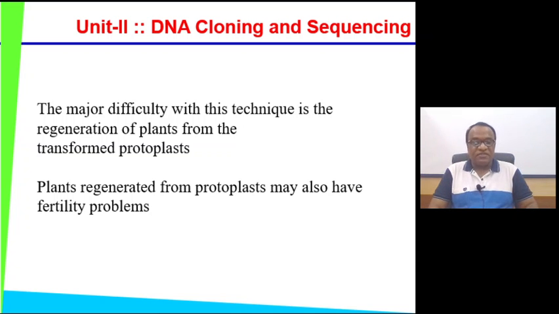In this method, DNA adheres to the cell surface and is absorbed by the process of endocytosis. So here you can see the endocytic behavior. Then the treatment with PEG can also affect the regeneration of plants from protoplast, increasing the difficulty of obtaining transformed plants. So there is a limitation.